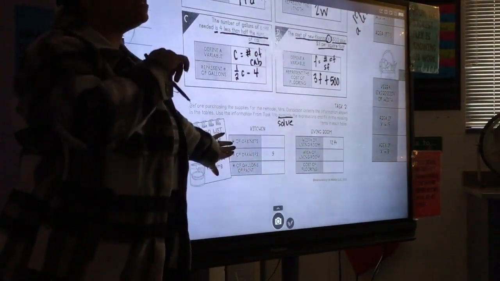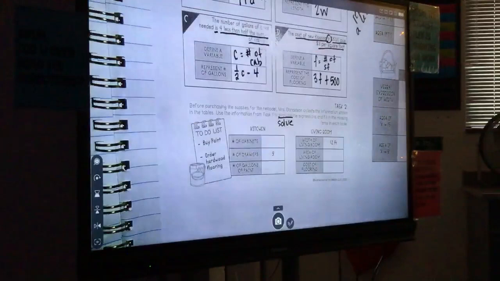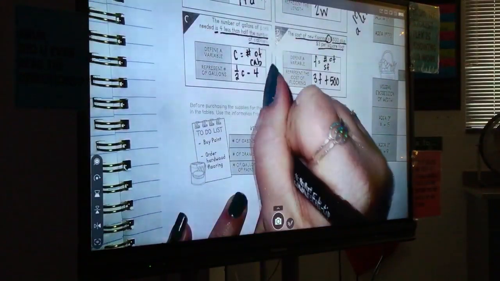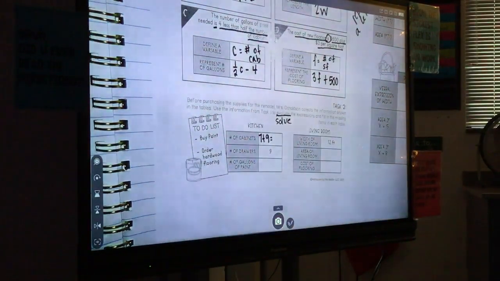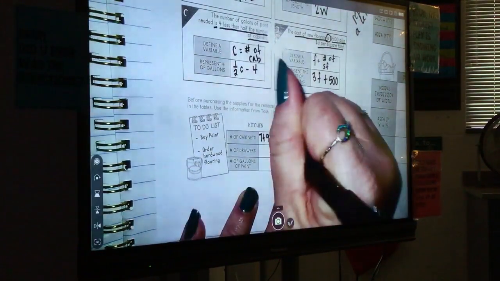The table tells us the number of drawers. So D equals 9. So ultimately, I just simply do 7 plus 9 equals what? 7 plus 9. This is not a trick question. This is just straight up addition. 7 plus 9, Blake. 16. So there are 16 cabinets.